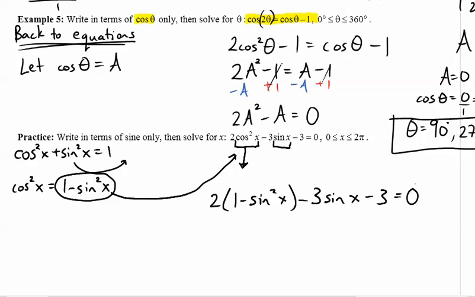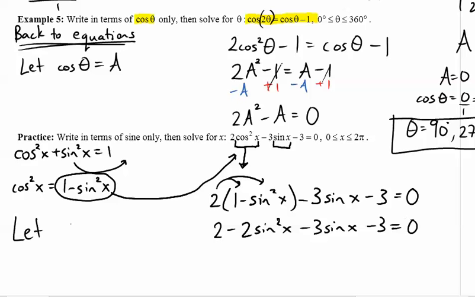Of course, if I'm lazy, I would just graph it and find out where it crosses the x-axis. And then at least I know what my answers are. And I could just work backwards from there. So now I'm going to expand. So 2 minus 2 sine squared x minus 3 sine x minus 3 is 0.